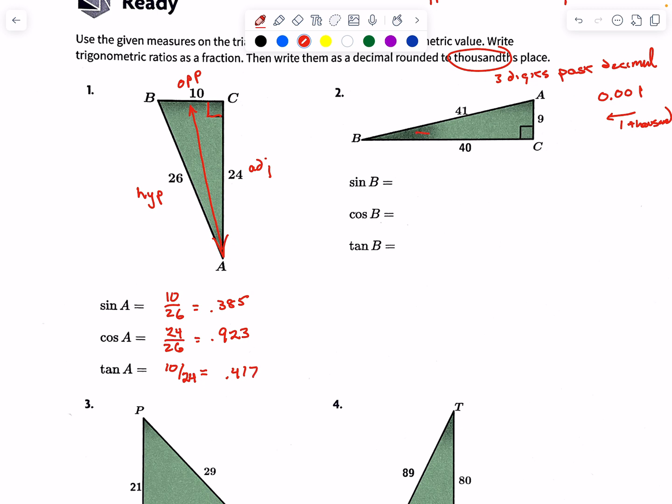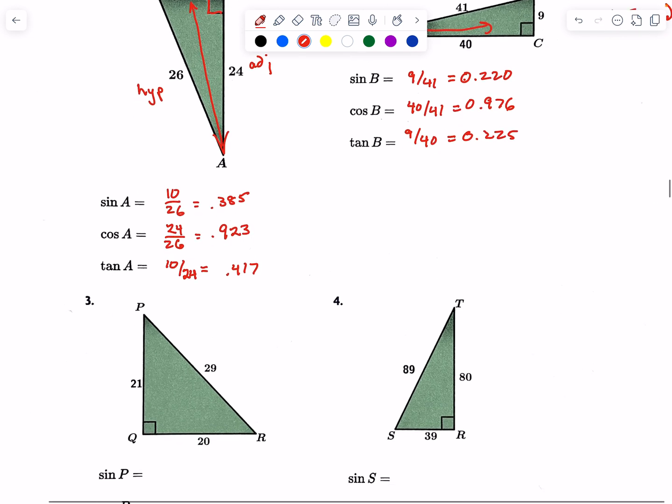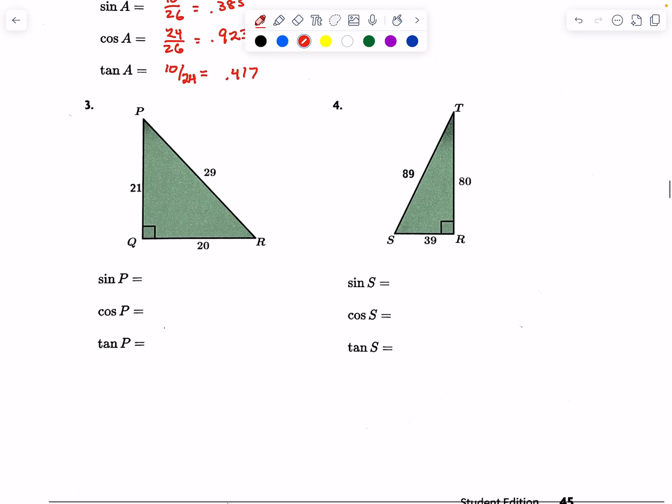Okay, for angle B, the 9 is across. Notice the tangent comes out less than 1 when the angle's less than 45 degrees.